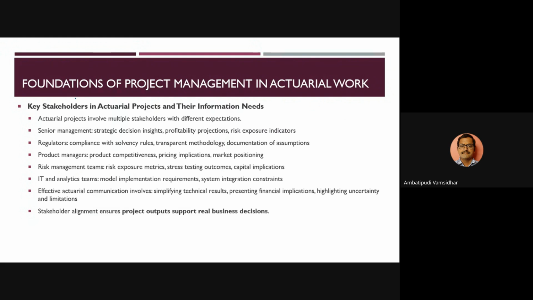And then identify all the key stakeholders in the project and what their needs are, because most of the projects will involve multiple stakeholders. The expectations of each of these stakeholders are entirely different.